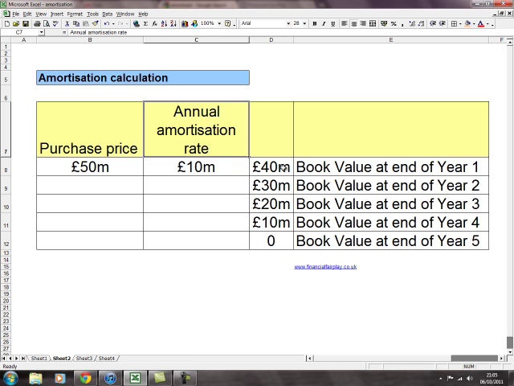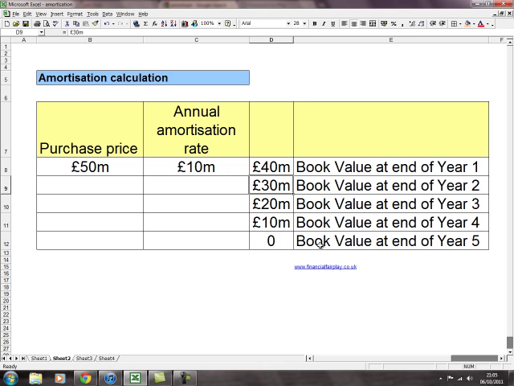So the player's written off like an asset: at the end of year 1 he's in the accounts as being worth £40 million, at the end of year 2 it's £30 million, right down to the end of year 5 when he has a value in the accounts of 0, because at the end of the contract the player is just able to walk away from the club.